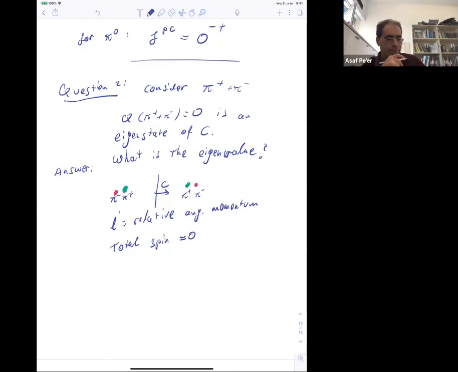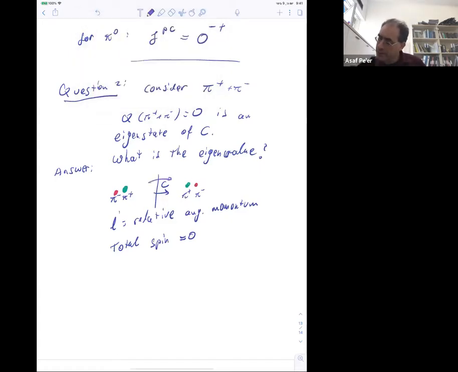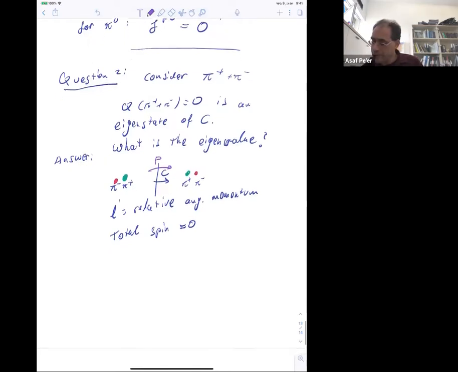So it's really the same as if I'm acting on that with a P. If I act on that with a P, I get the same result. But P means that I take r and convert it into -r, which is what we just did.